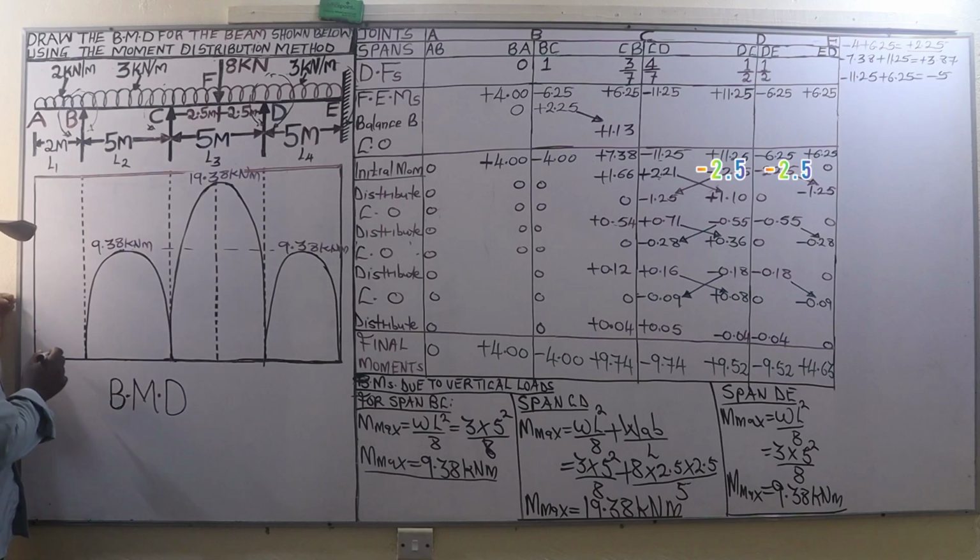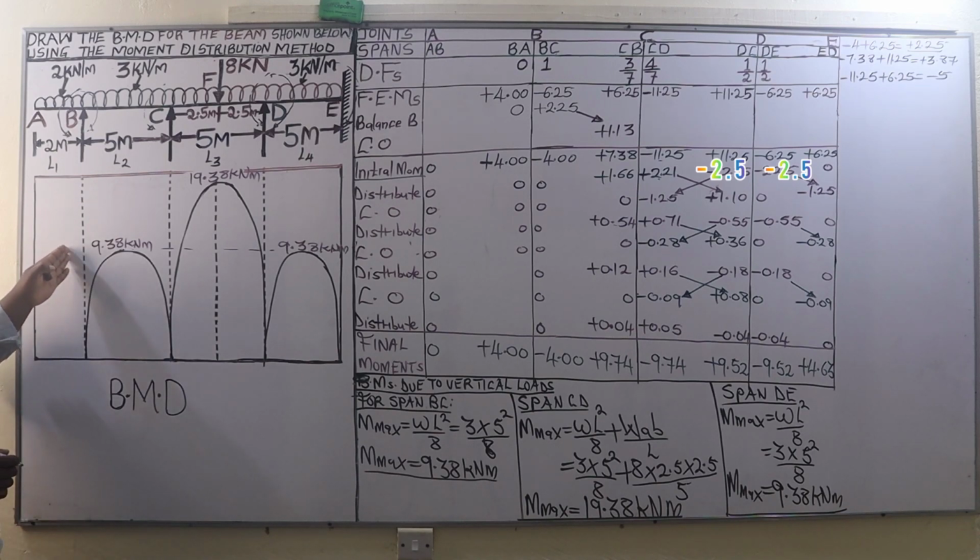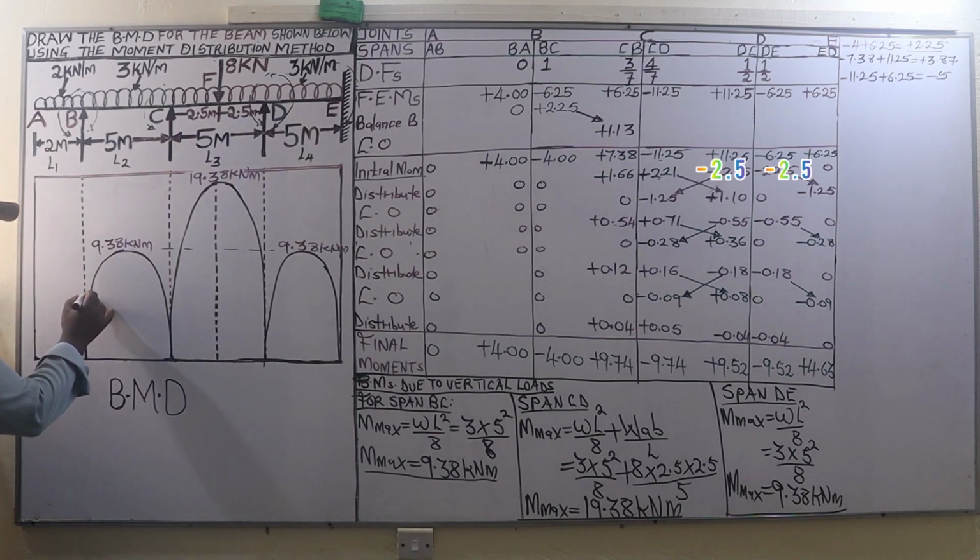At A, the bending moment is 0. At B, we have 4. So 4 about that point. So join 4 to 0 there. So this is 4. Let me write it with green color. So we got 4 kilonewtons meter.